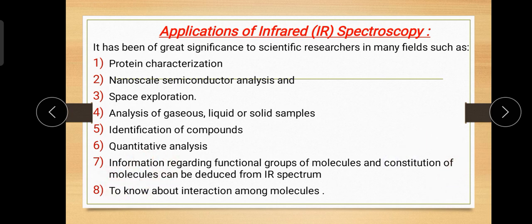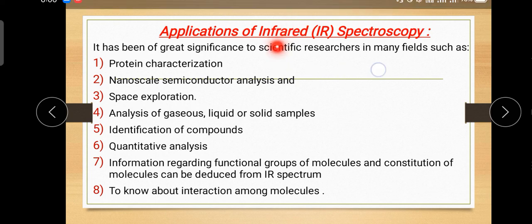So IR spectroscopy helps us to know the functional groups and constitution of molecules. This is a very good application for the chemistry field. The eighth application is to know about the interaction among molecules. That means we can study the interaction among molecules with the help of IR spectroscopy.